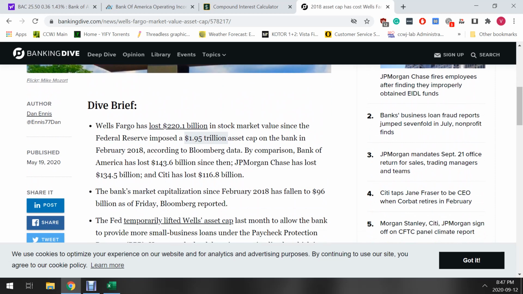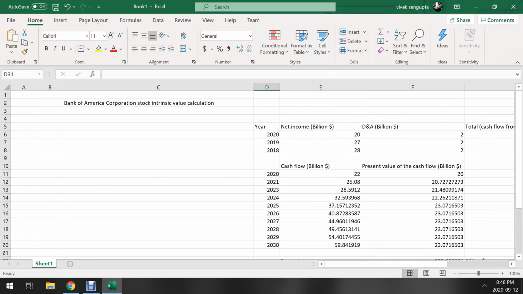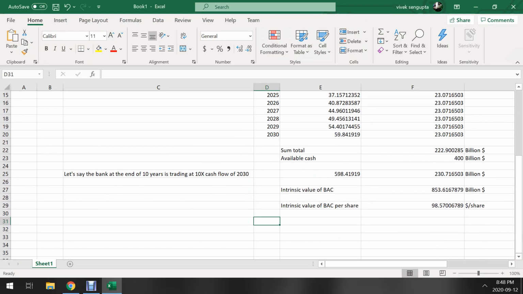They are going to go to other banks like JP Morgan Chase or Citi or Bank of America, and those guys don't have any asset cap on them. I don't know how long this asset cap is going to stay, but it is still there. But even if it stays for 3 to 4 years, 5 years, let's say, Bank of America and all these other banks are going to steal away a lot of customers from Wells Fargo, and that's where they can make more money. So that's pretty interesting.